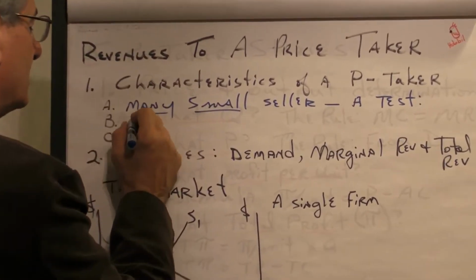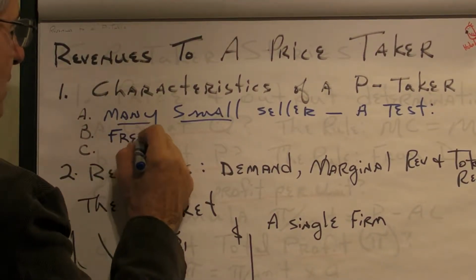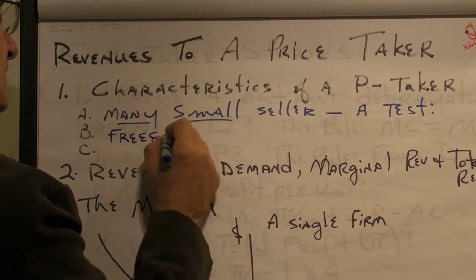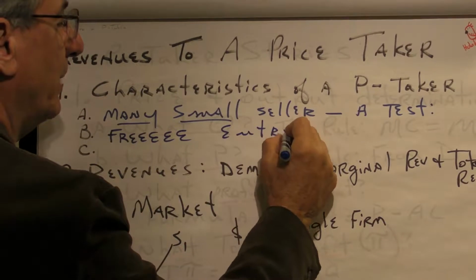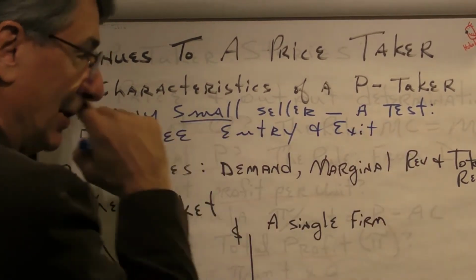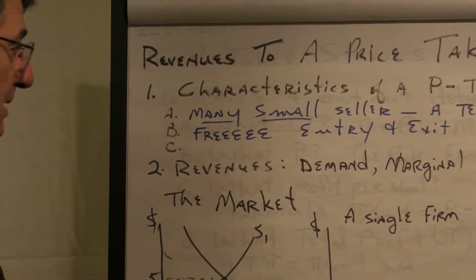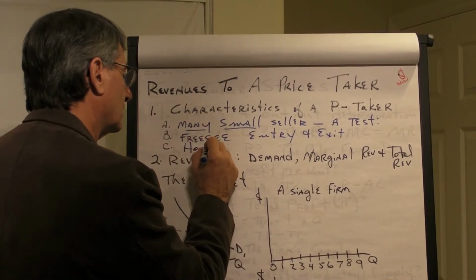The second characteristic is that entry and exit are, just like Larry Miller says, free. There are no barriers. Firms can get in or exit if they please. And the third is the product is homogeneous.